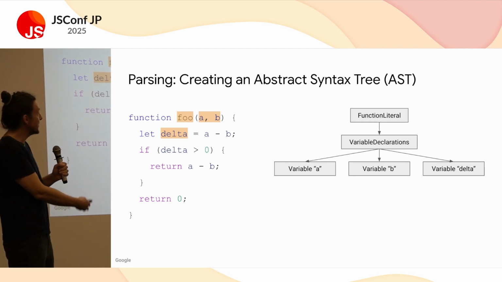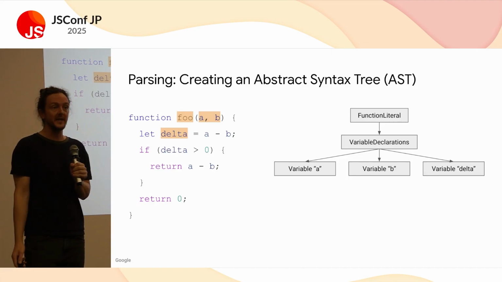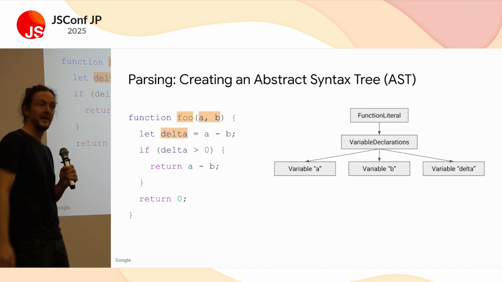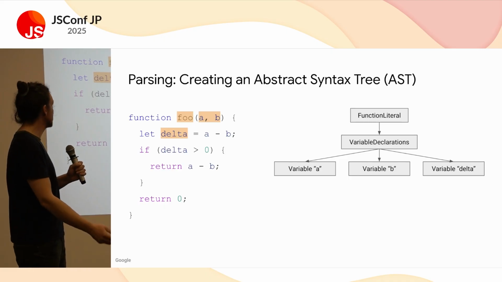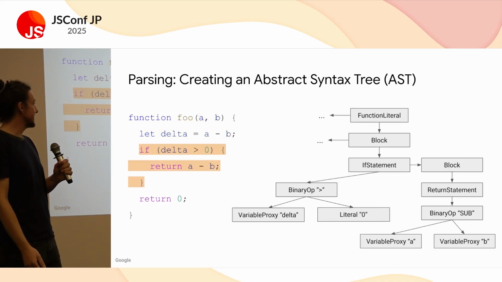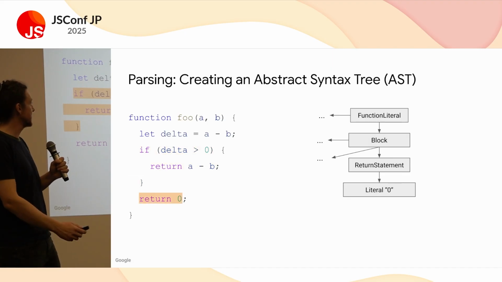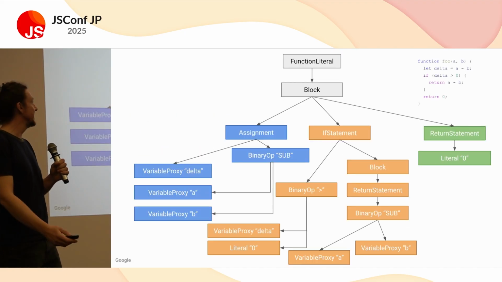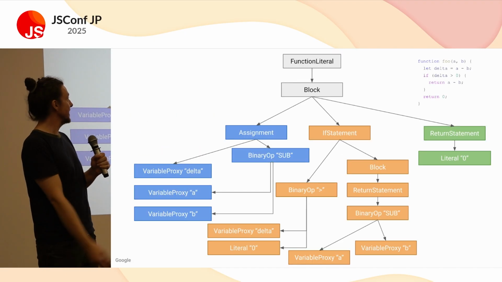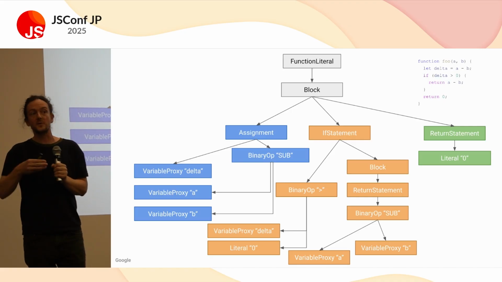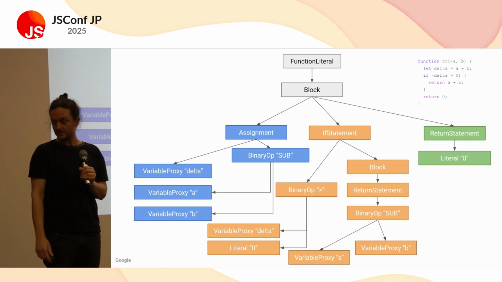It represents what this function is doing in a structured form. It has all the bindings resolved, it knows what kind of variables there are in this function, and if we just go through it, we discover different statements, different expressions. They all turn into nodes in this graph. In the end, we have this graph, which represents this whole function. And now we have a structured format that we can actually work with.